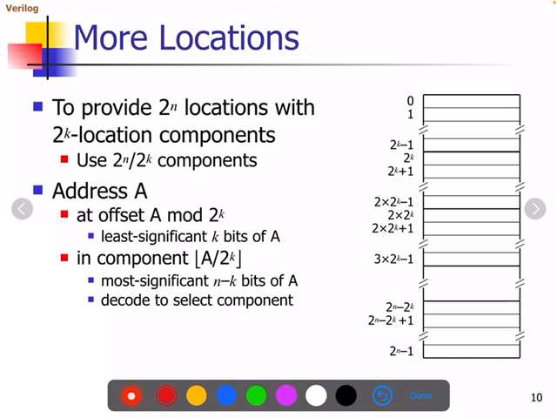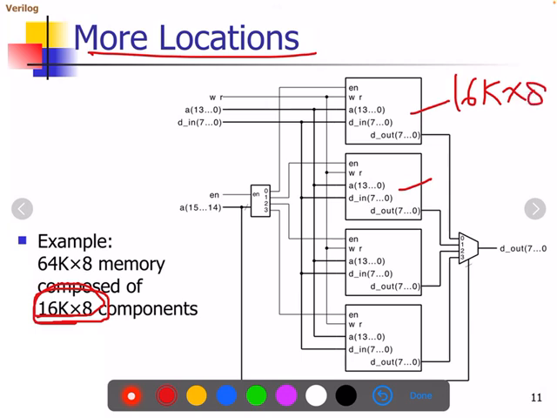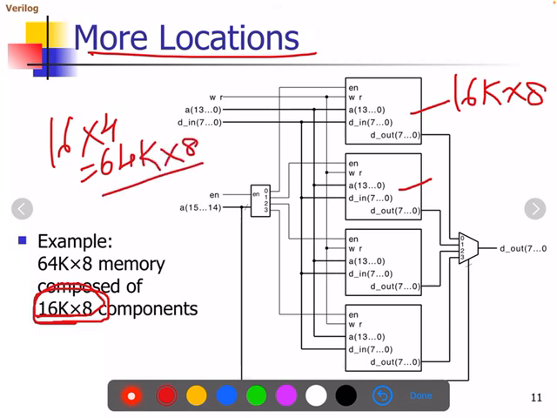Likewise, if we want more locations, how do we accomplish that? Have a look at this example. We have used 16k by 8 components, which are smaller memories. We have connected four 16k by 8 memories. So 16 into 4 is 64. Now it has become 64k by 8. So a larger number of locations has been generated. In the previous example, we increased the width of the memory and made it a wider memory.